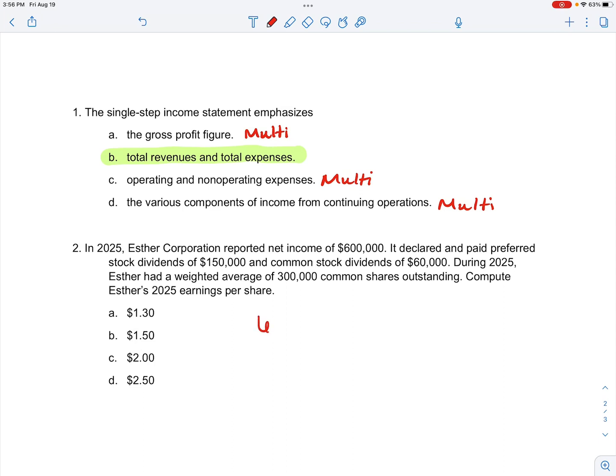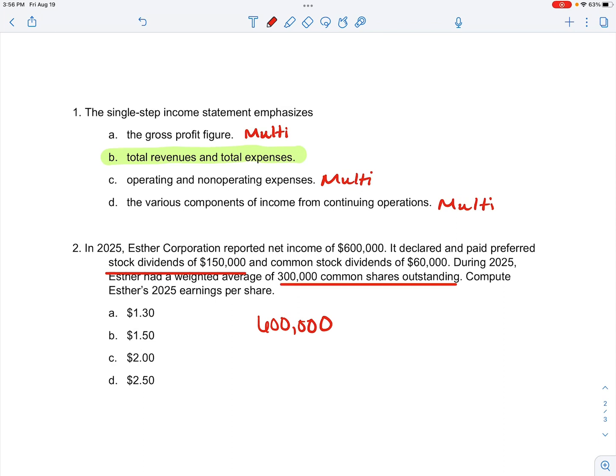So here, we know we start with our net income, right? It declared and paid preferred stock dividends of $150,000, common stock dividends of $60,000. We don't care about that. And it had the weighted average of 300,000 shares outstanding.